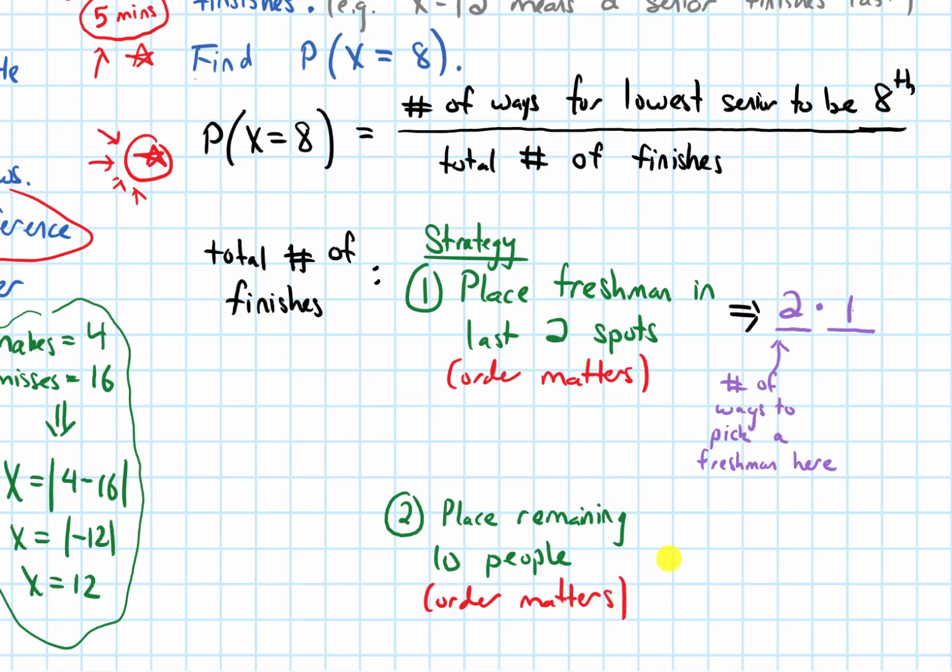So we're placing them in the 10 remaining spots. In the same sort of way, there's going to be 10 choices for who goes in that first spot, times 9 for who goes in that second spot, times 8 for who goes in the next one. And I keep going down like this until I've placed all of these people, until we get 2 times 1, which is 10 factorial. There's going to be 10 factorial ways for the second part of this.